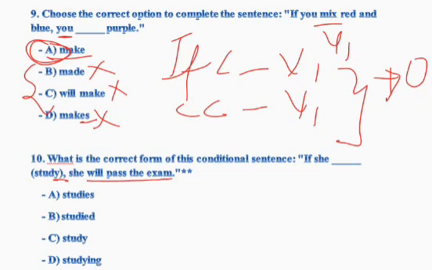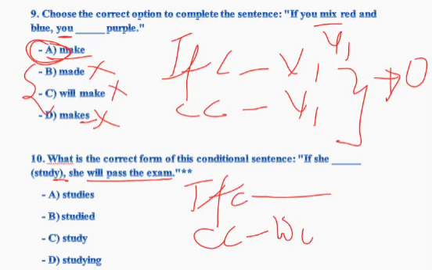This is the full information given to us in the conditional sentence. The if clause is the blank, and in the main clause we have will plus V1.